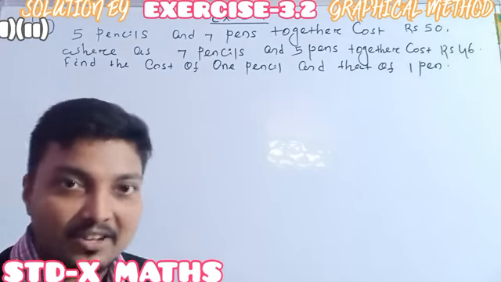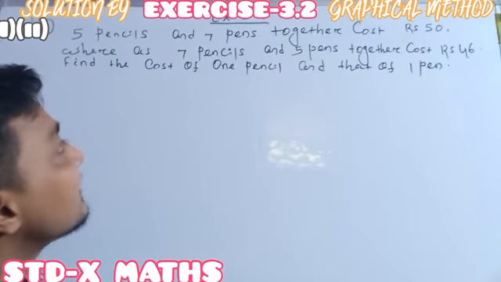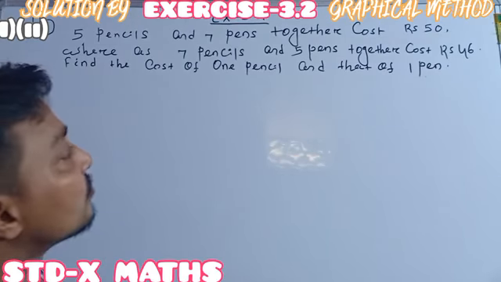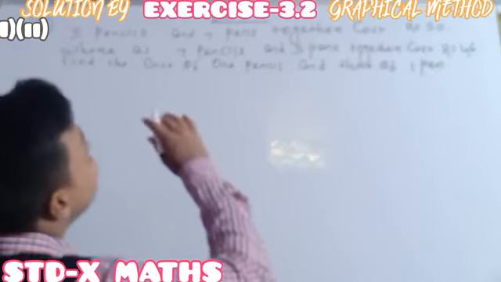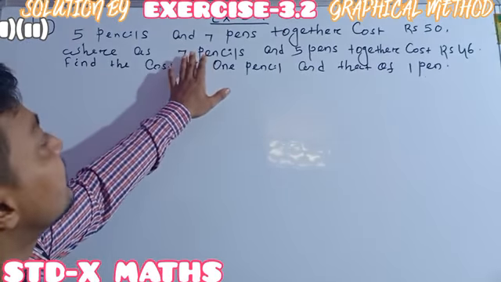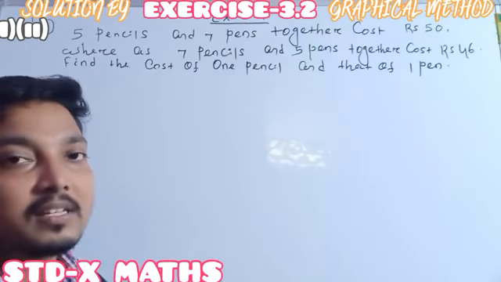Here it is given that 5 pencils and 7 pens together cost rupees 50. And in the second line it is given that 7 pencils and 5 pens cost rupees 46.